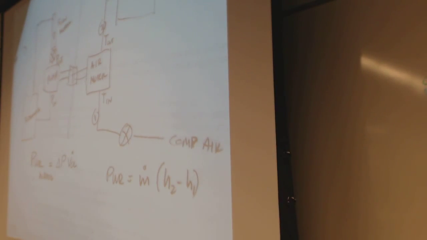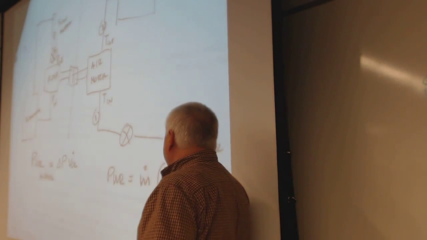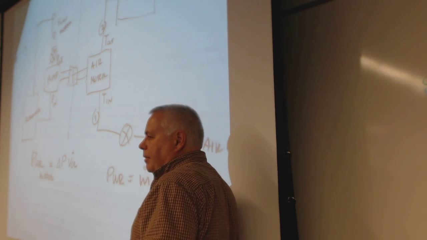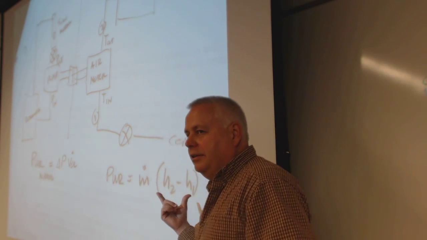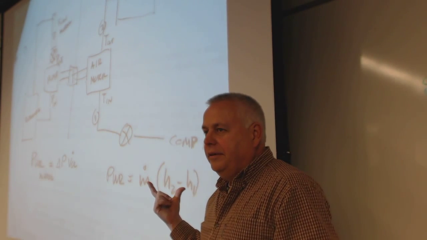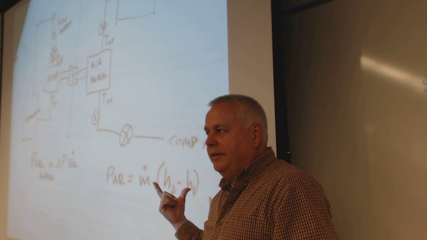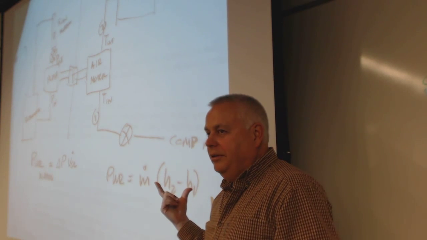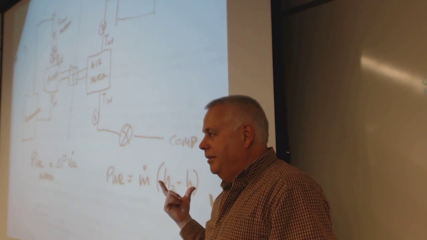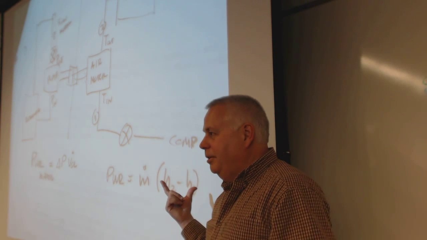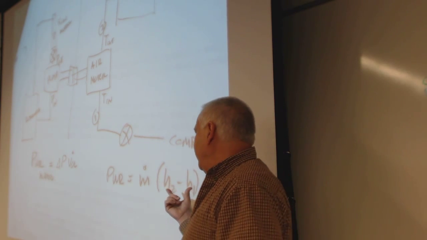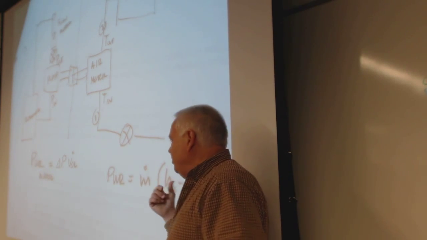Anyone remember how we find the change in enthalpy for an ideal gas? We look it up in a table, we use a formula. Anyone remember about C sub P? Mass times C sub P times delta T. Yeah, this becomes C sub P times delta T.